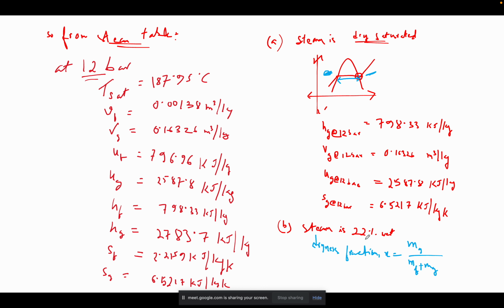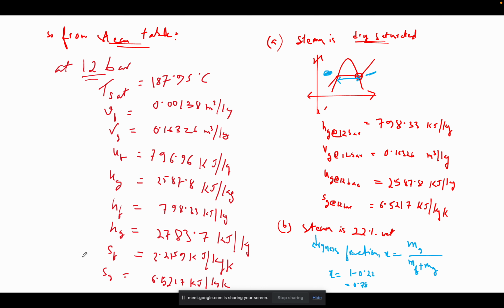Now it is telling that it is 22% wet, so our X will be 1 minus 0.22, that is 0.78.